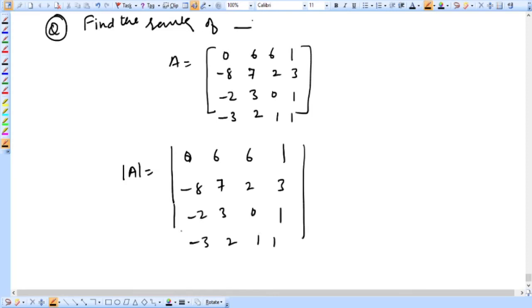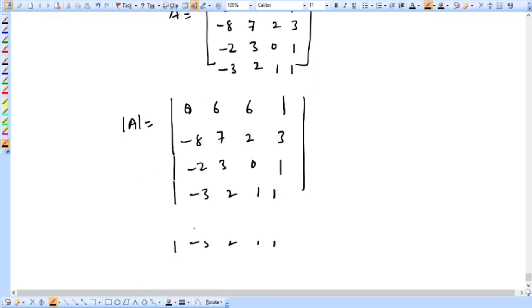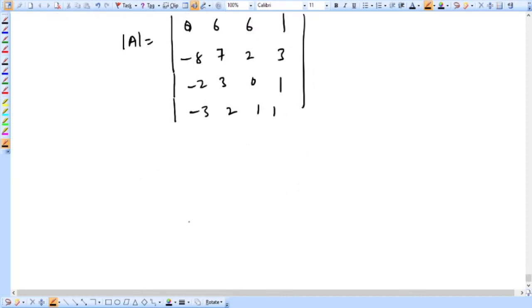Okay, 4 by 4 matrix, you know how to find its determinant. Make one row operate. I'm going to make this 0, this also 0, using column 4. For this I will have to apply these operations. First operation on column 2: column 2 would be 0 when I subtract it from 6 times column 4, and column 3 will also be 0.